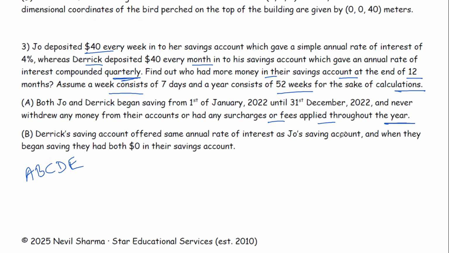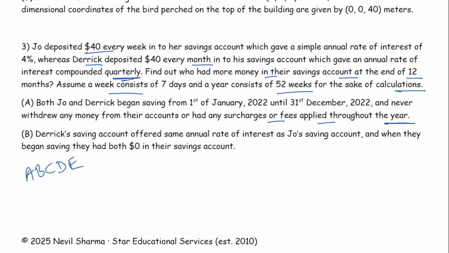Now, when you read it this way, it seems that you have an answer, right? But there's a crucial piece of information missing: what if they already had some money in their savings account? That is not stated out here.